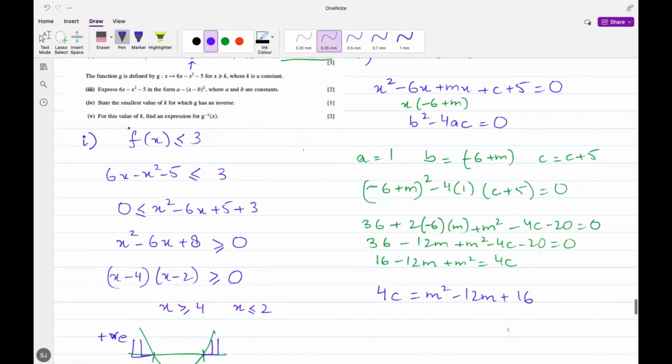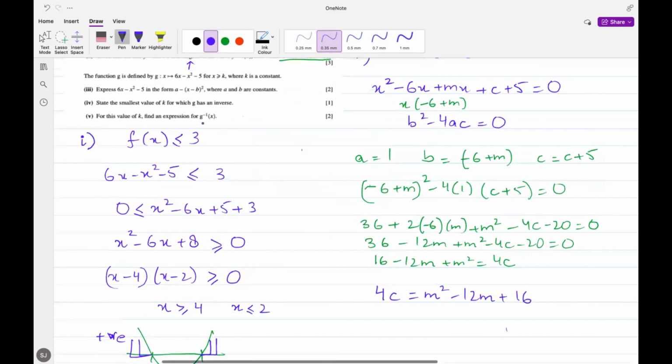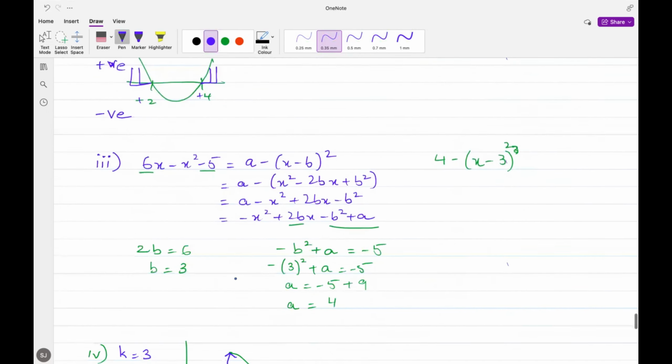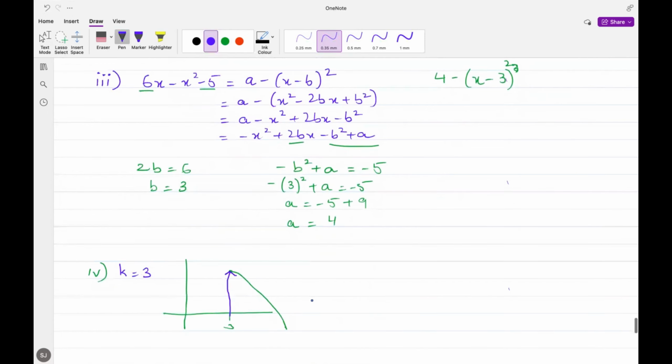In part 5, for this value of k, we have to find an expression for g inverse. Now to find the inverse of a quadratic function, it is important that we convert it to the complete square form. Now, as you already have the expression 4 minus (x minus 3) whole squared, so we know that g of x equals 4 minus (x minus 3) whole squared.